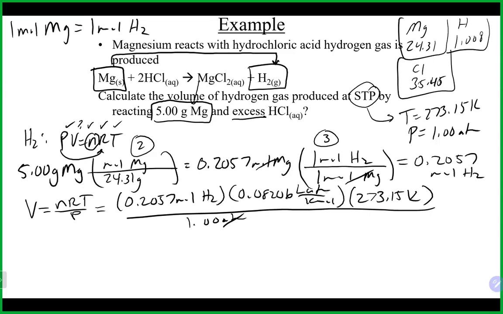Again, atmospheres will cancel, Kelvin will cancel, moles will cancel, leaving us liters. So 0.2057 times 0.08206 times 273.15 is going to get us 4.61 liters of H2.